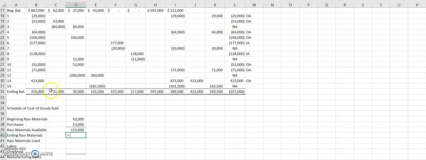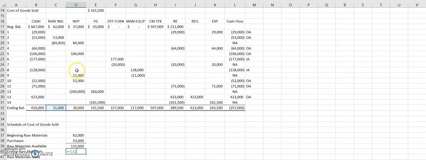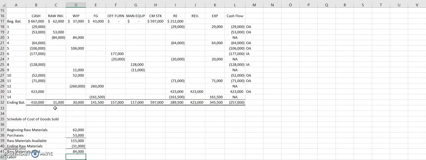We ended with $31,000 in materials. That's our raw materials inventory ending balance. So what's that imply? That we had 115 available. We still have 31 available. So we used up or transferred into process that 84,000 that we see right here.